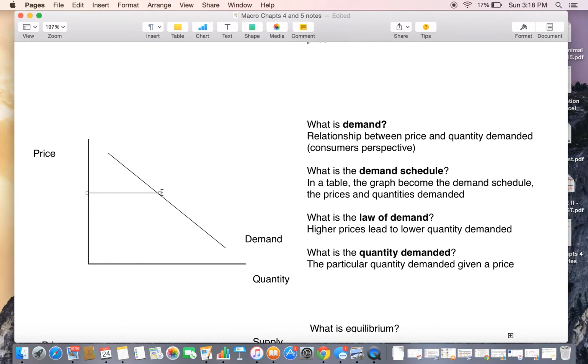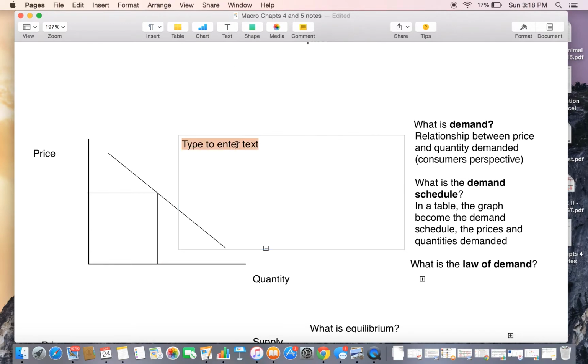At a price of $700, a particular quantity will be demanded of iPhones. And if we have a demand schedule, if we know what the industry looks like for iPhones, we can simply graph this and come up with the quantity demanded.